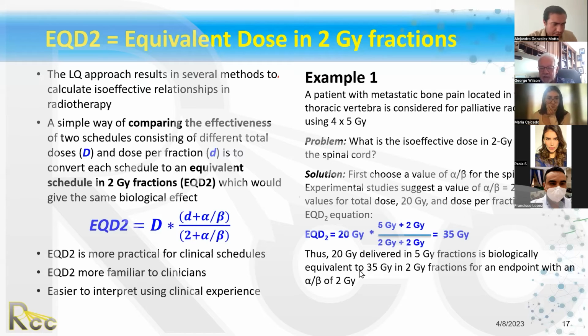So it's telling us that this is probably just under tolerance for that spinal cord. You can see it's really a different way of using the equivalent dose in 2 gray. It's relating a change in the fractionation to something people are much more comfortable with, which is: what would that be in a conventional 2 gray per fraction schedule?